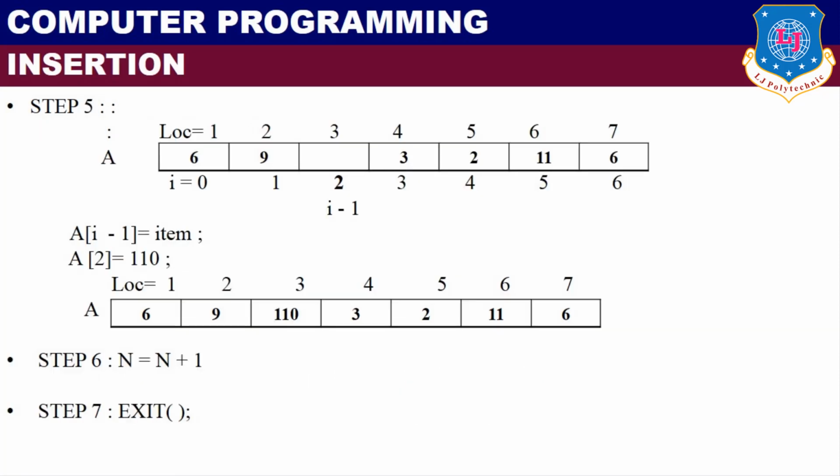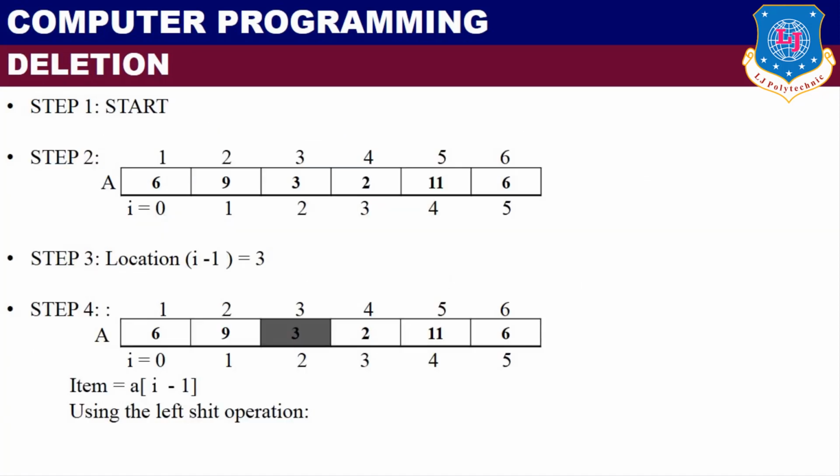Then we insert our item, or new element, at that specified location, and then we increase our array size by 1, and the last step is exit. So after inserting an element, our array size is increased by 1.